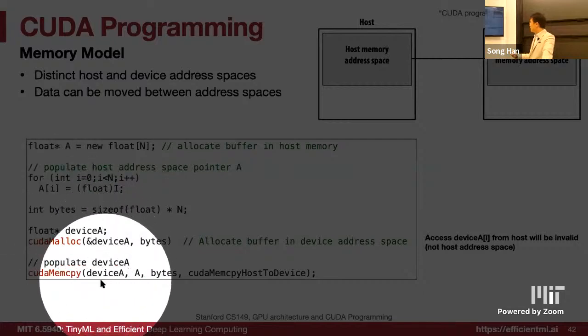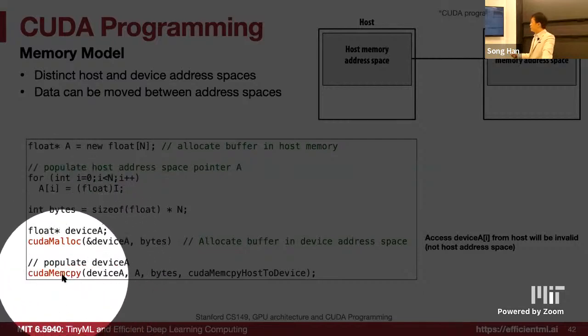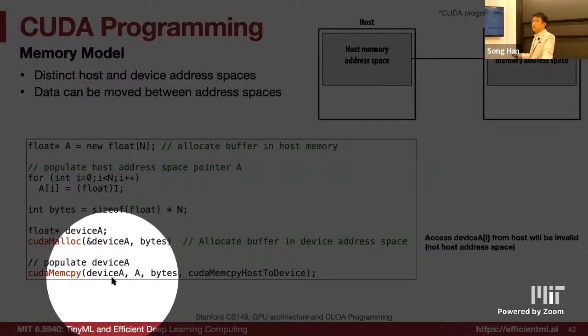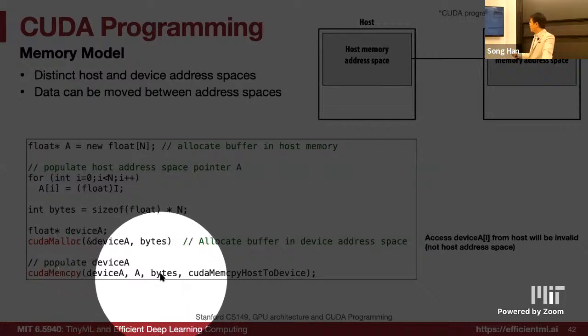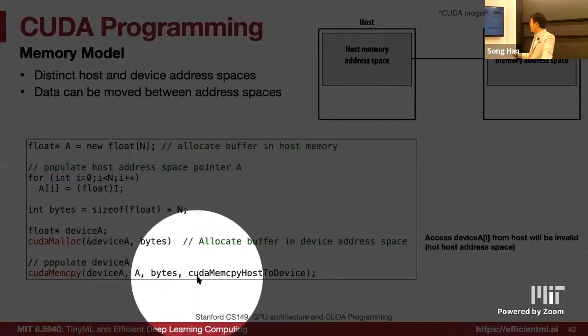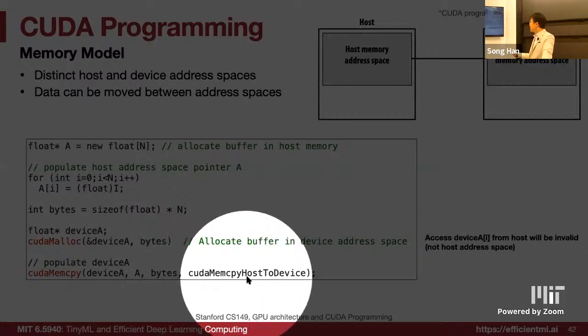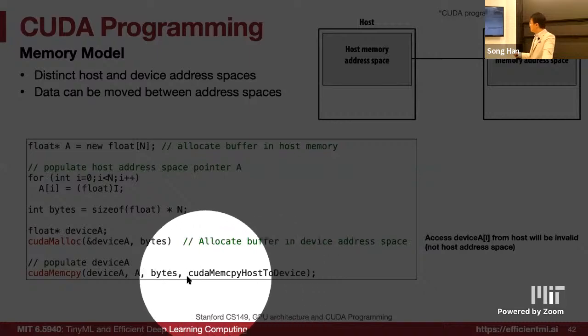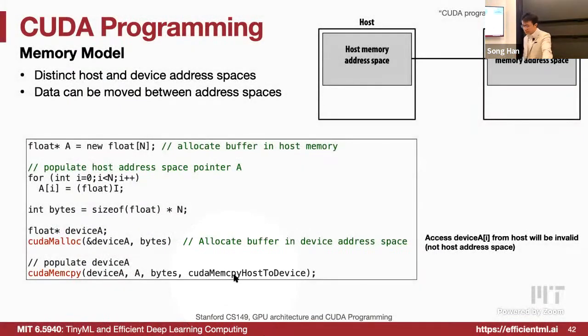Now we copy the data from CPU to GPU by calling cudaMemcpy, from CPU A to the GPU address device A, this amount of bytes, and the direction is memcpy host to device. You can also do device to host. So this is the memory copy.